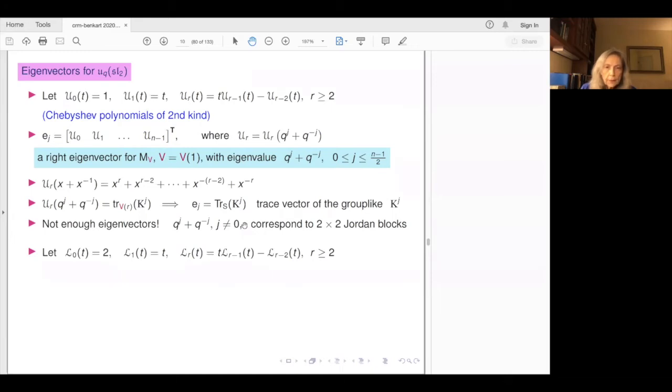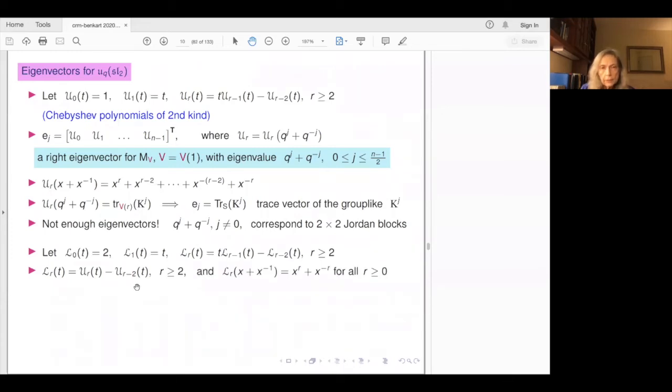So they're given by a similar recursion. The only difference is that instead of having 1, like we had for the Chebyshev polynomials of the second kind, we start out at 2. And these polynomials, you can argue very easily that when r is bigger than or equal to 2, they're actually the difference of 2 Chebyshev polynomials of the second kind, that are r and r minus 2.